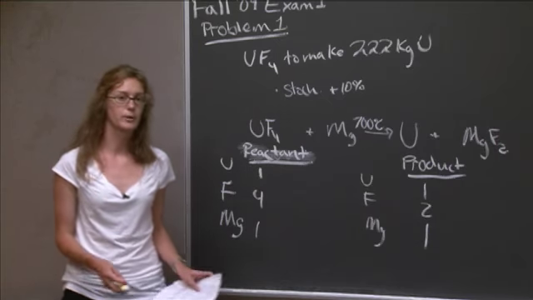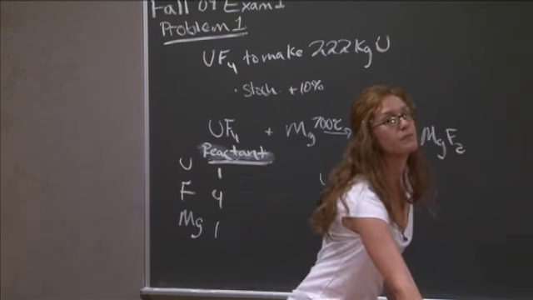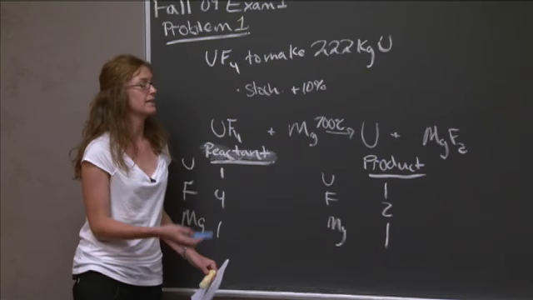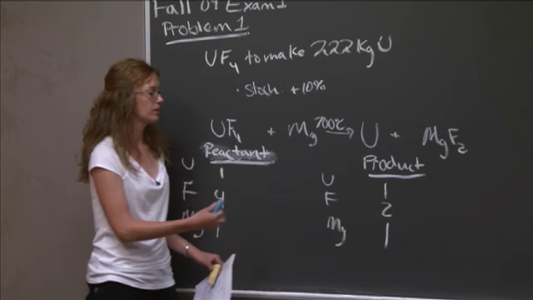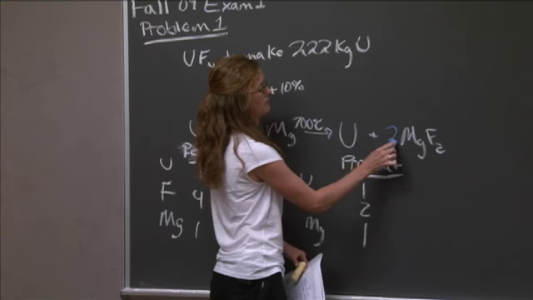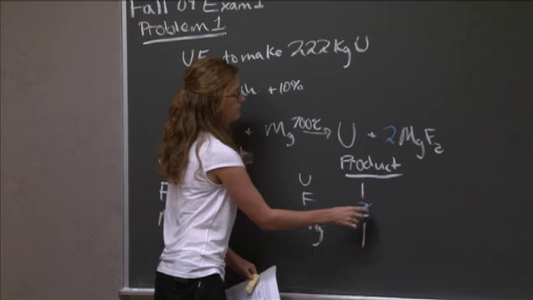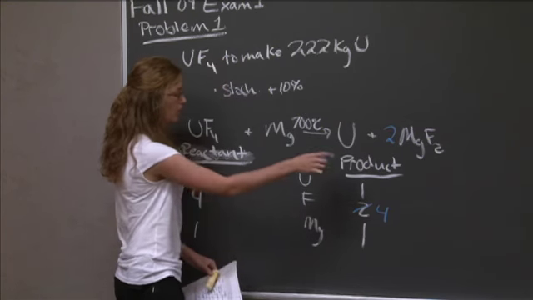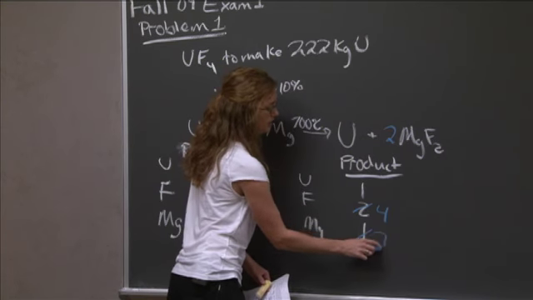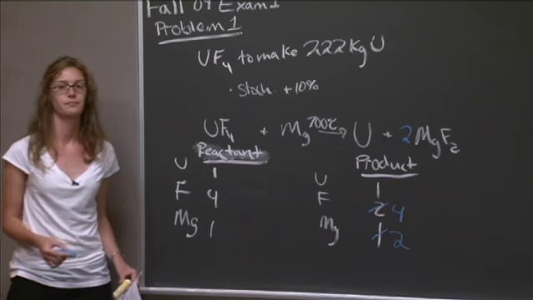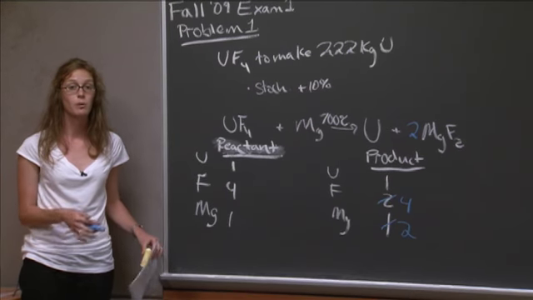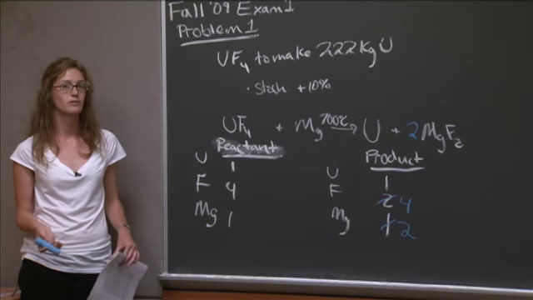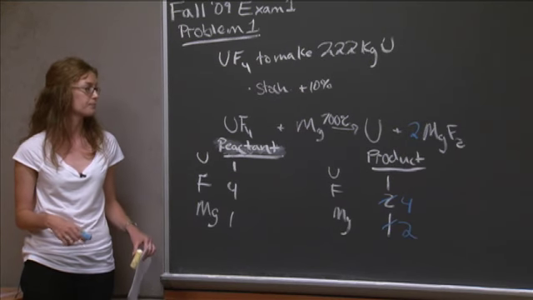To fix that, we can put a stoichiometric coefficient in front of the magnesium fluoride on the product side in order to have 4 fluorides. So we put a 2 there, but we also have to change the magnesium, right? Although we fixed the problem in the fluoride, we have an imbalance in the magnesium.